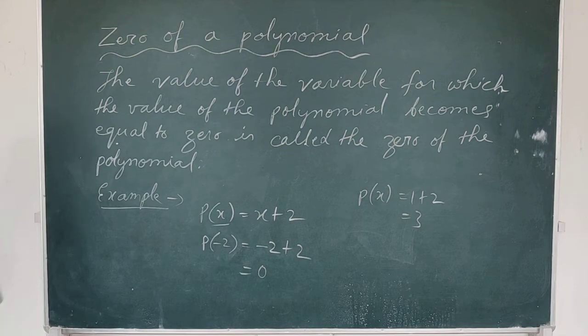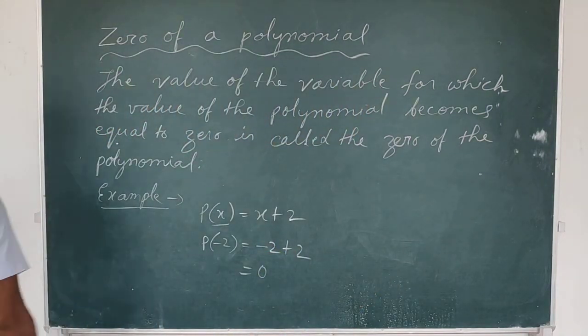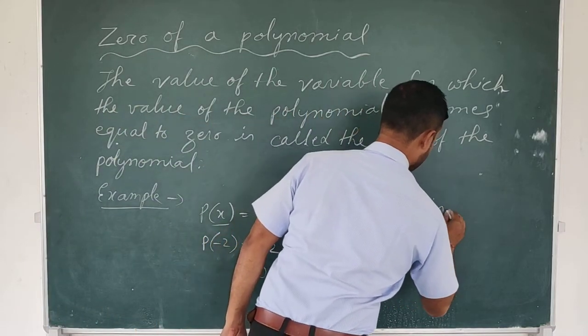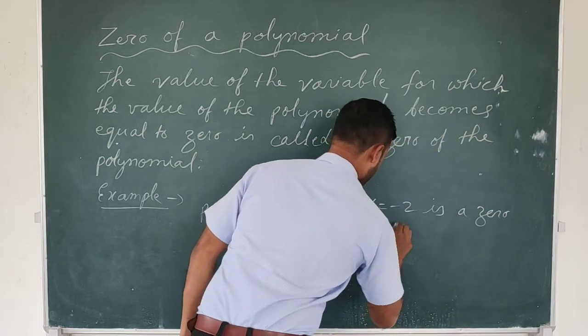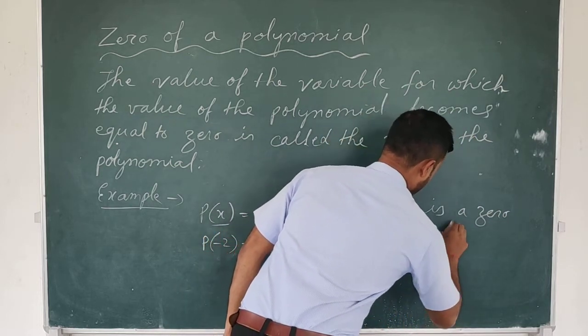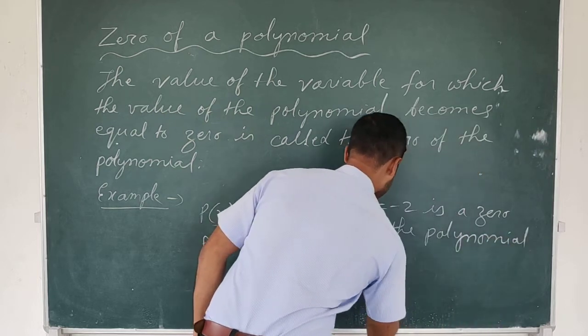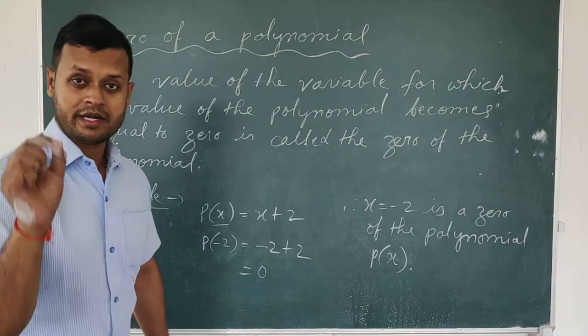So therefore students, you will write, therefore x equal to minus 2 is a zero of the polynomial p(x).